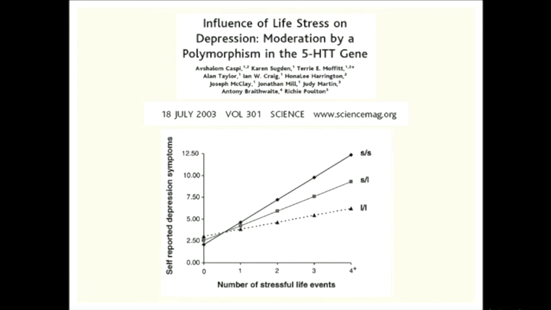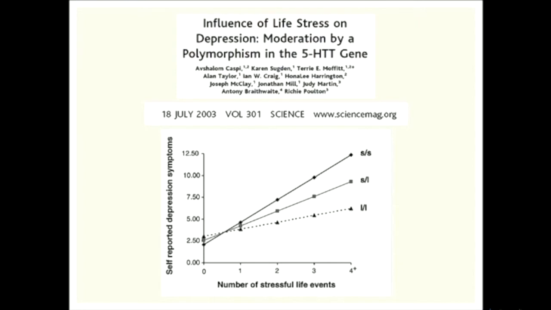So this is one of the reasons people were interested in this. They thought, well, if you take into account the effect of the environment when you do studies aimed at finding genes that influence risk, you might be in a much better position to actually find those genes, because the phenotypes will be different in people with different genotypes if they have a high level of the environmental exposure.